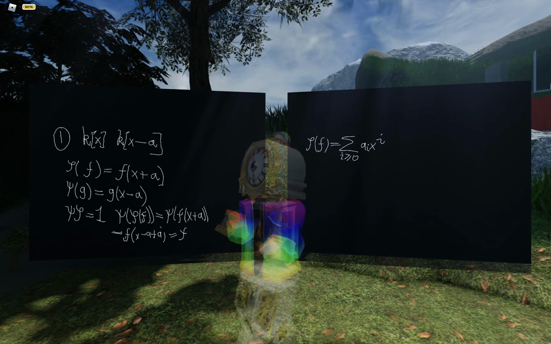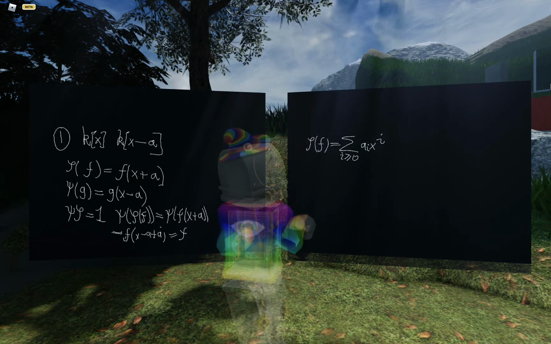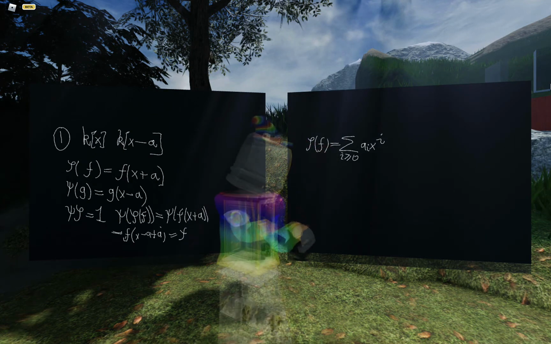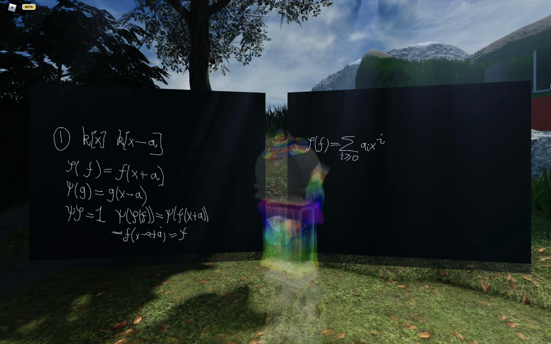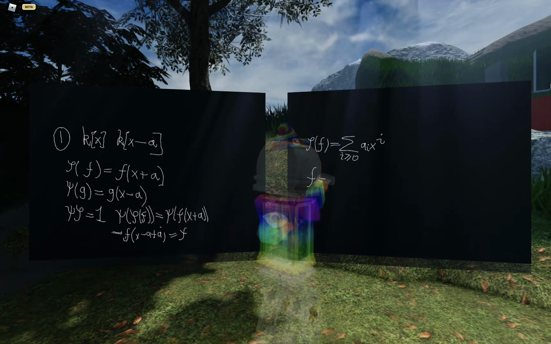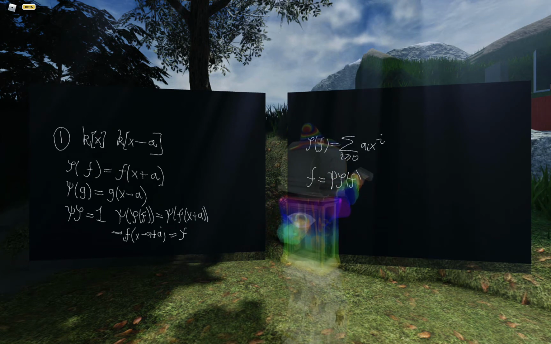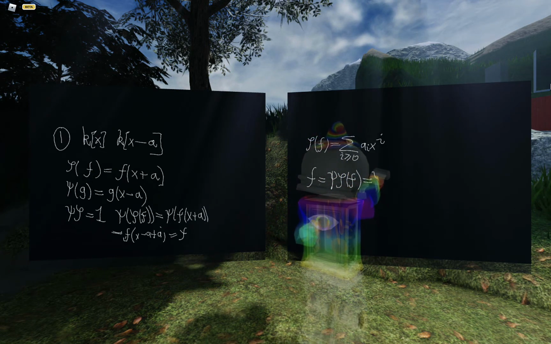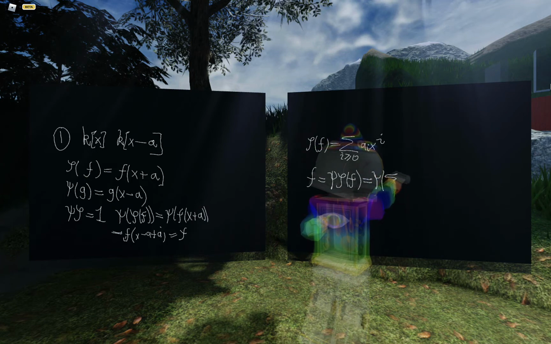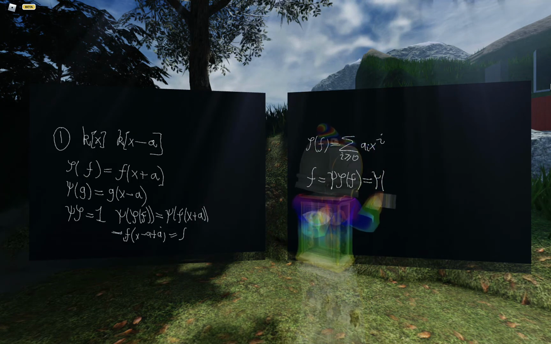And then I've got some a_i's at the end. And that's that expression on the right-hand side here. But that means that f is equal to psi of phi of f. And psi of that sum, whoa.